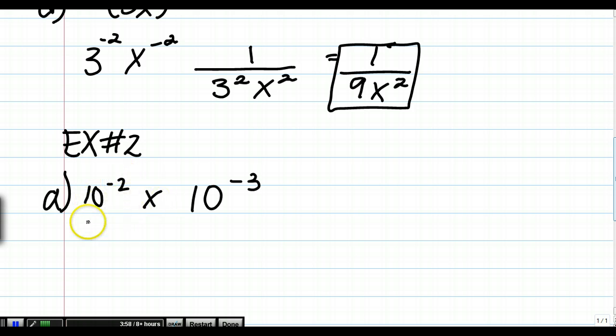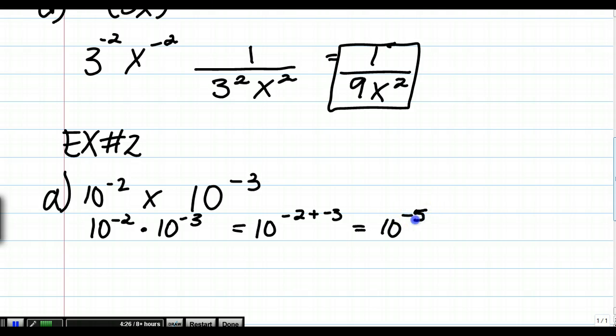If we are multiplying these, in your book they're going to be multiplication signs, like with an x, so I wrote it that way, but this means the same thing. So we know back from our laws of exponents that we can just add those exponents together, and we really have 10 to the negative 2 plus negative 3. And negative 2 plus negative 3 is 10 to the negative 5.